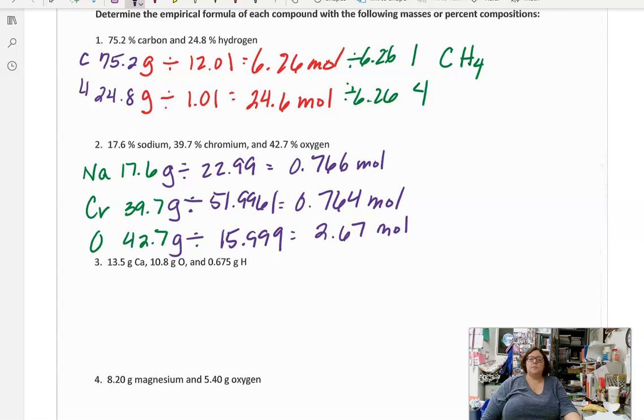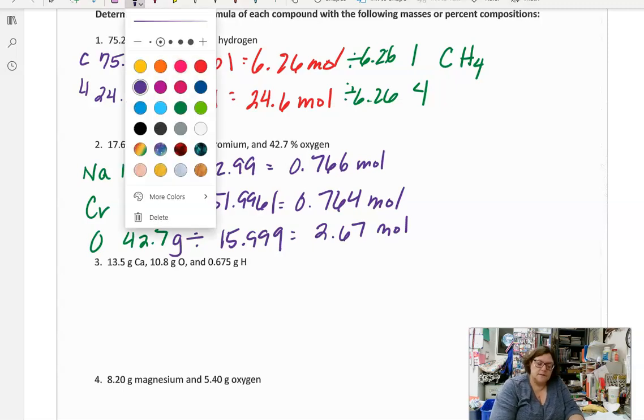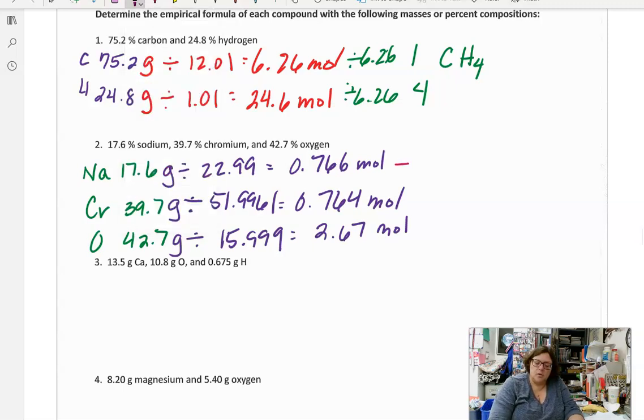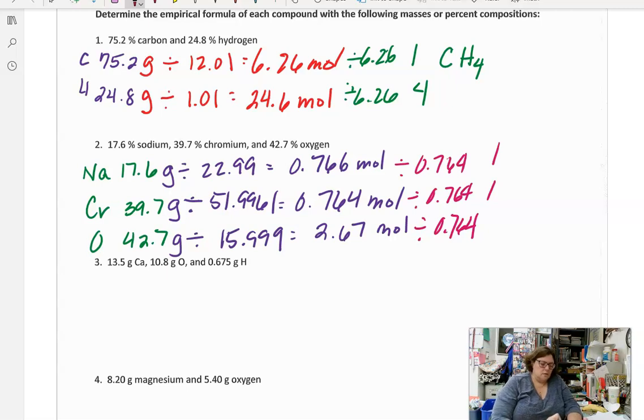What's the next step in the poem? The next step in the poem is divide by small, which is going to be 0.764. That's going to be 1, that's going to be 1. And this comes out to be 3.5.